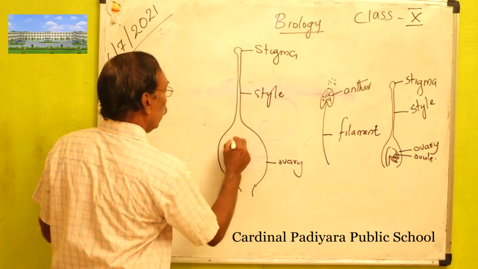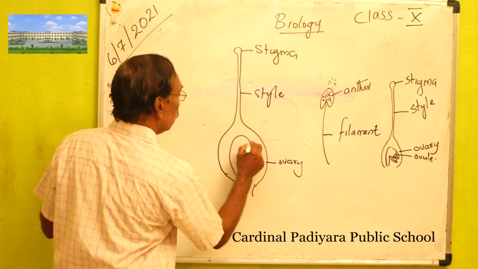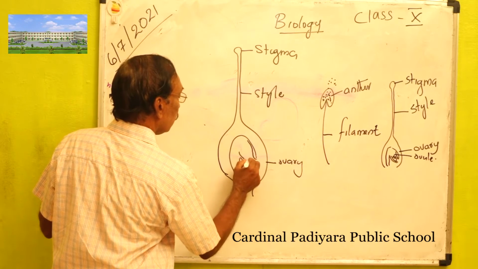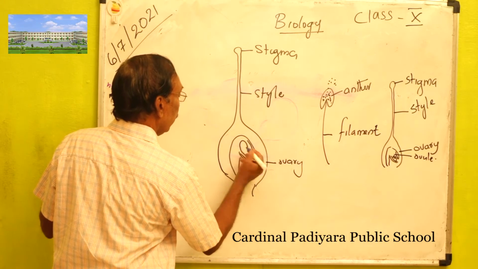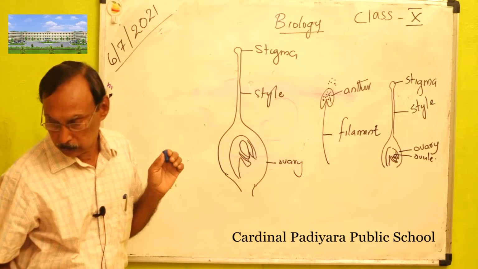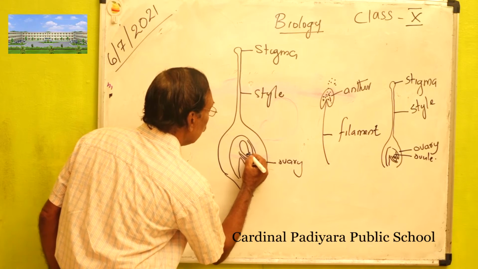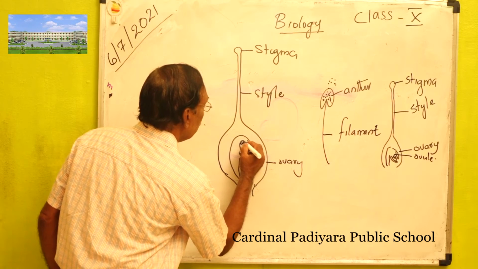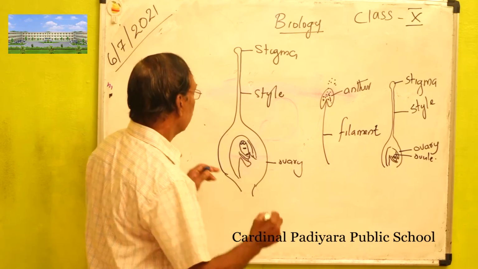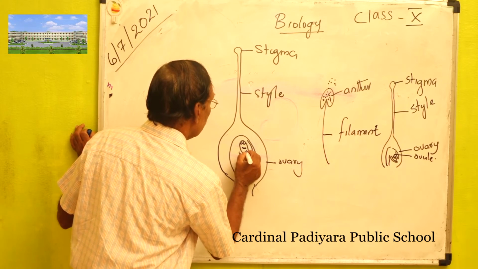Inside the ovary, the ovule is there. So this is the ovule, and this is the ovule. Inside the ovule, the egg is there. Other cells are also there. Actually, it has 7 nuclei. One most important part: this is the egg.